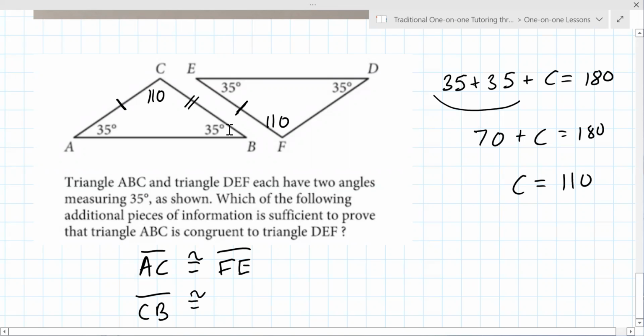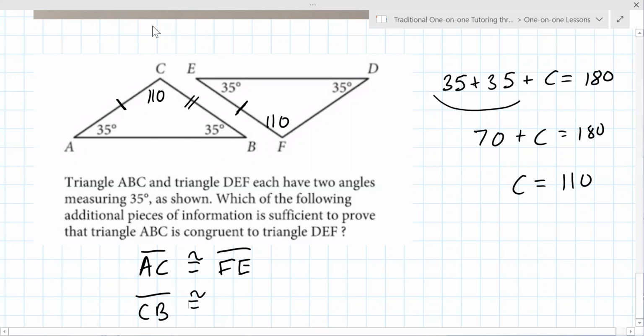CB goes from the 110 to the 35. I say it's gonna be CA. It can't be from the same triangle, Sourish. So it's C to B.